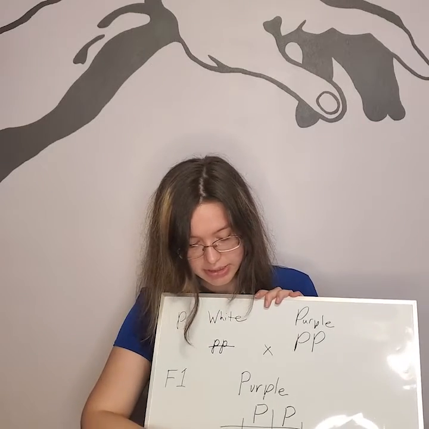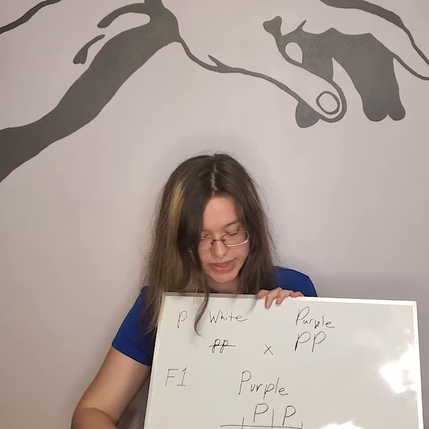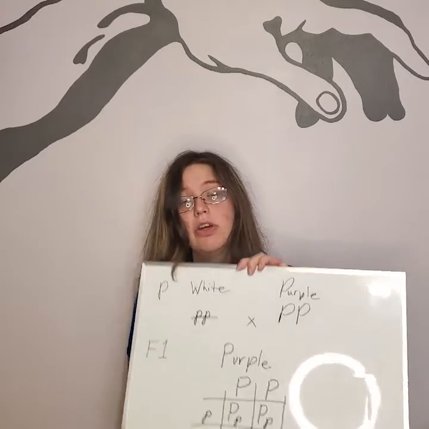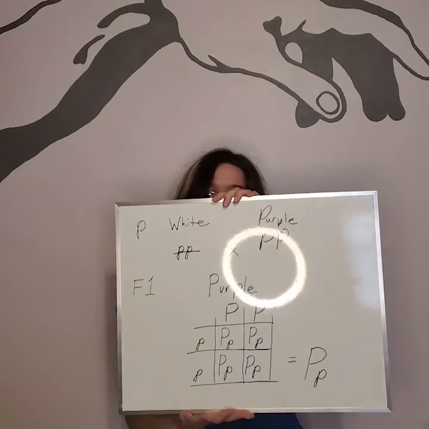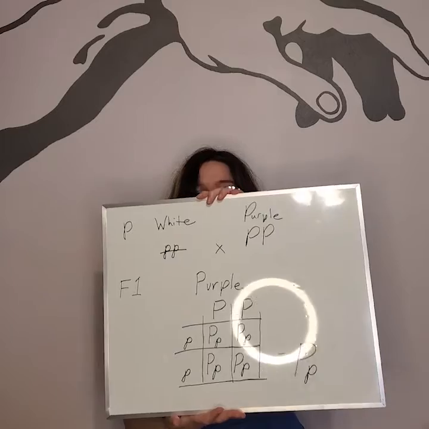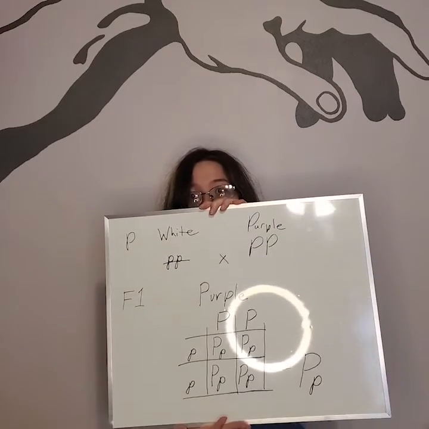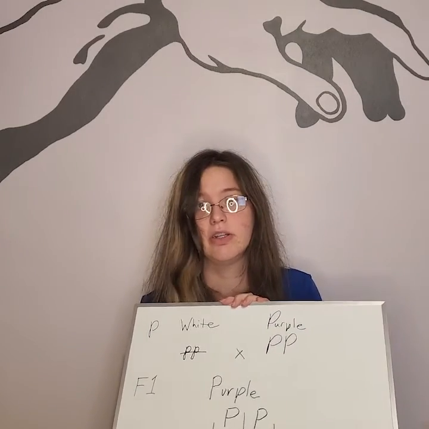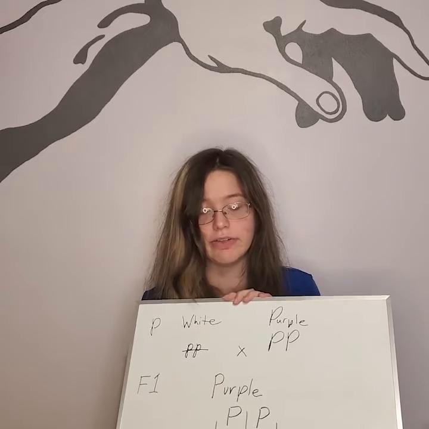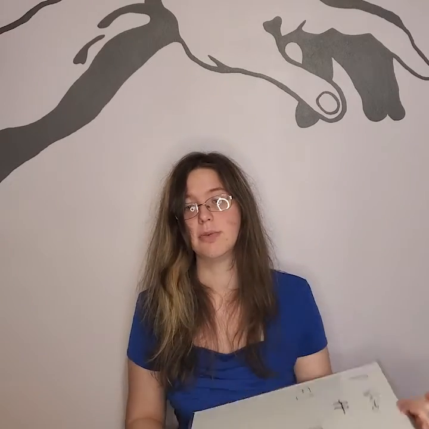And it goes the same across all the boxes. And if you notice, all of these boxes make the same uppercase and lowercase allele pattern. So all of them are heterozygous. So we figured out that the F1 generation is all heterozygous. So then, let's look at what he did next.